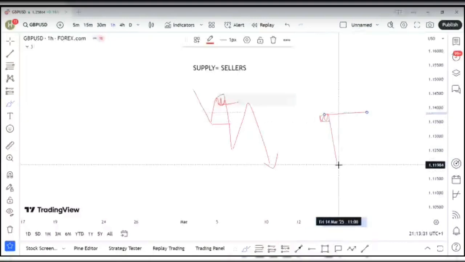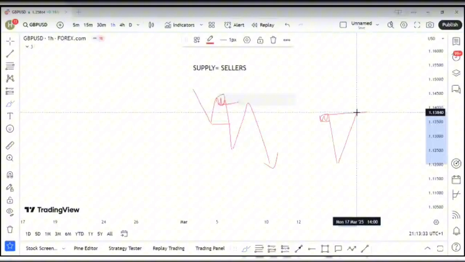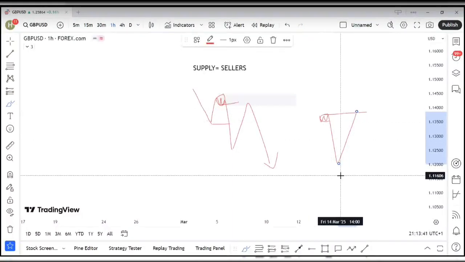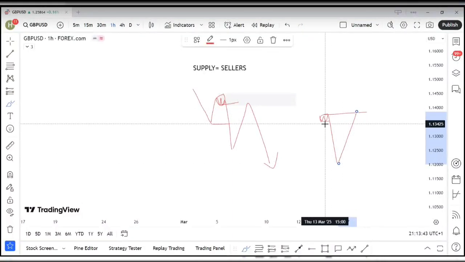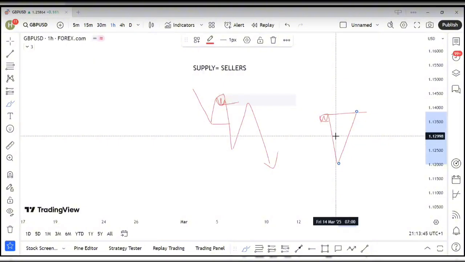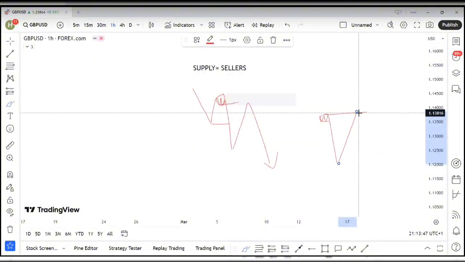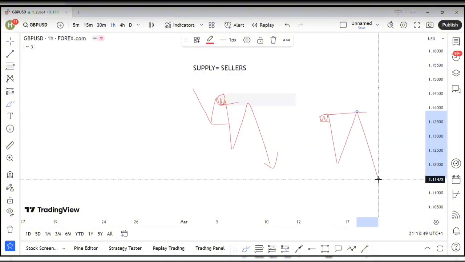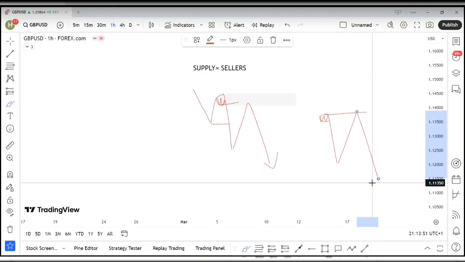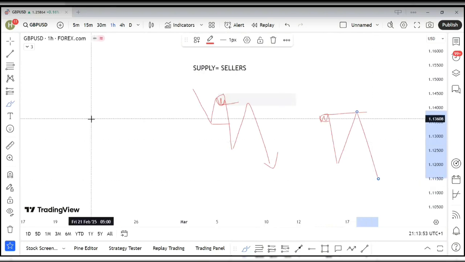We expect price to pull back and trigger those limit orders because, as I told you before, the big banks set limit orders. They push price down, but they set limit orders for price to pull back and trigger them for continuation. As for market structure, let's focus on what I'm doing right now: supply and demand.